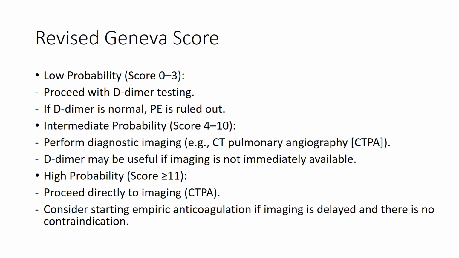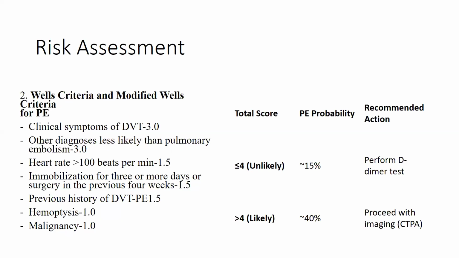This diagram may be useful if imaging is not immediately available or the patient is hemodynamically unstable. But if the probability score is very high, greater or equal to 11, you want to proceed directly to CTPA and consider empiric anticoagulation even before you get the result of your CTPA, or if your patient is too unstable to be able to move to the CT suite.